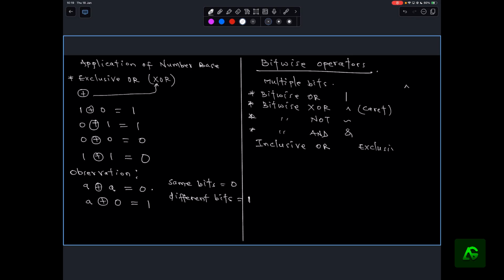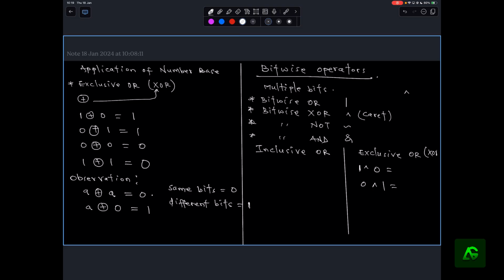We want to look at the distinction between the two. Exclusive OR is represented by XOR.